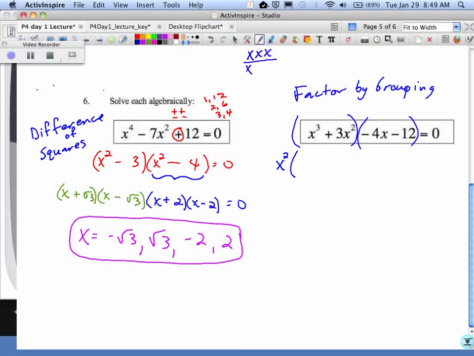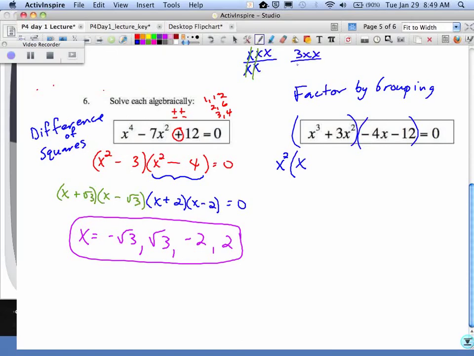What's left? So there's an x here. What's 3x squared divided by x squared? What's left? 3. So when you talk about factoring out, what are you dividing out of those terms?